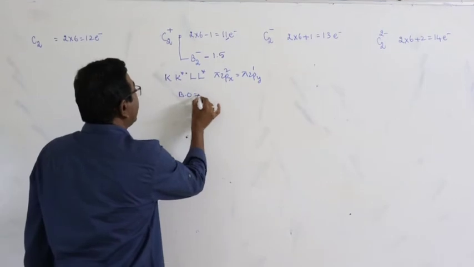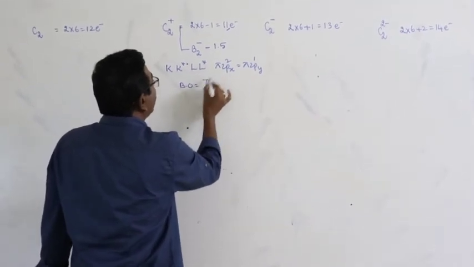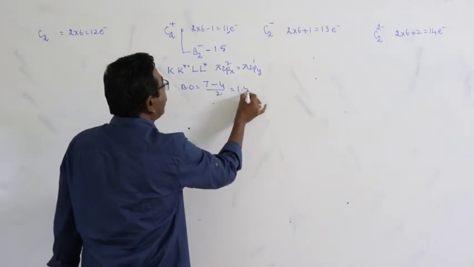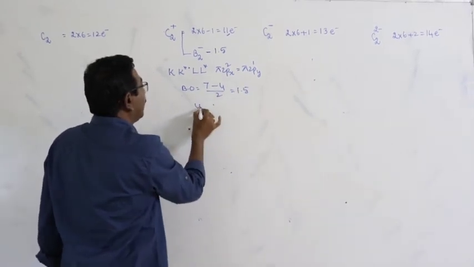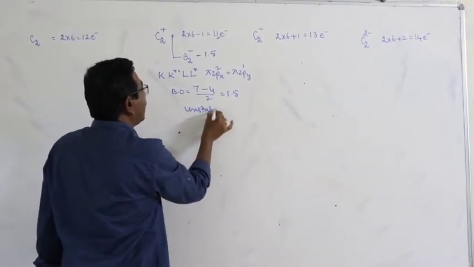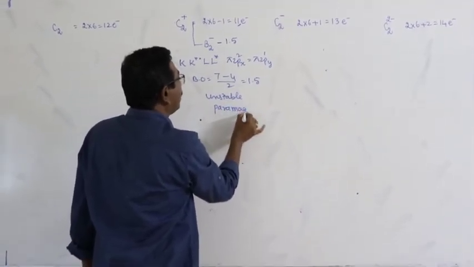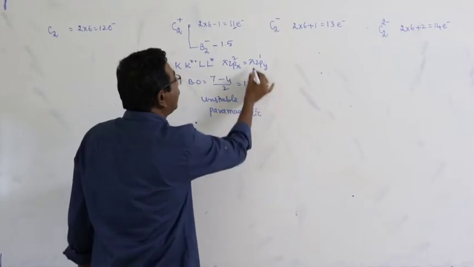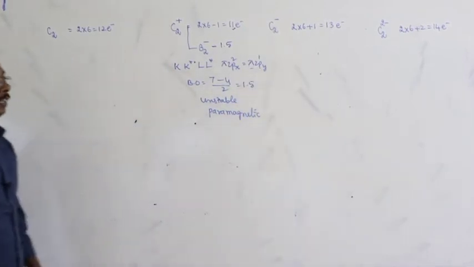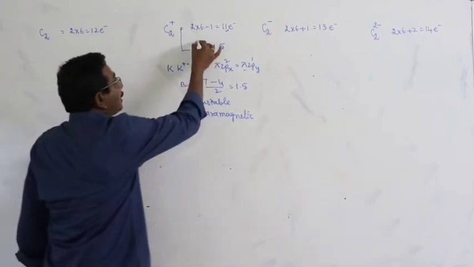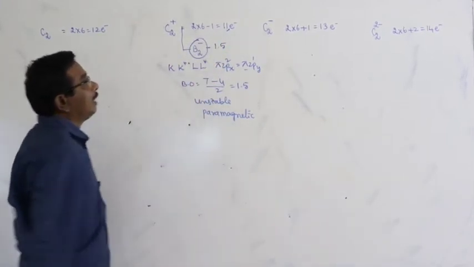Here bond order is equal to 2 plus 2 plus 3, 7 minus 4 by 2, that is equal to 1.5. Here the species is unstable and paramagnetic. Why? Due to availability of an unpaired electron in pi 2py. This is already known to you from this species B2 minus ion.